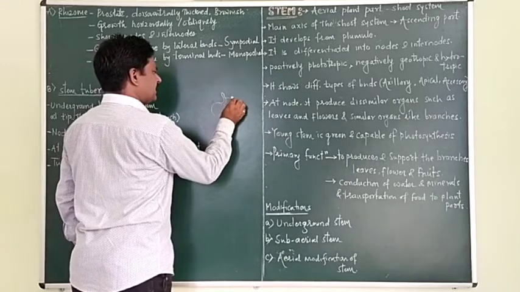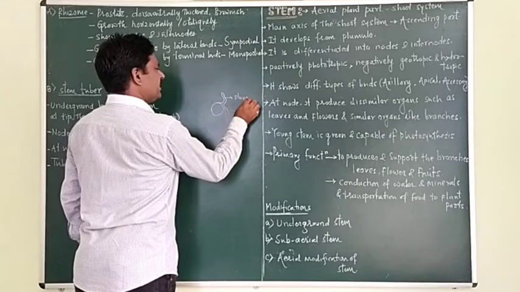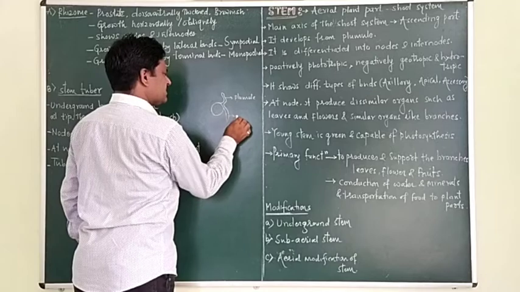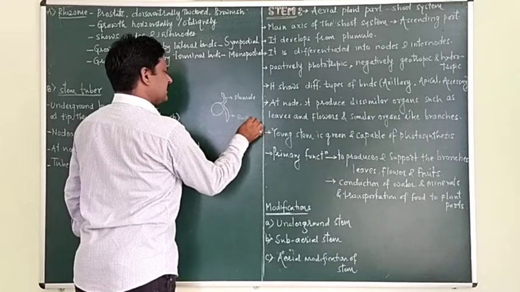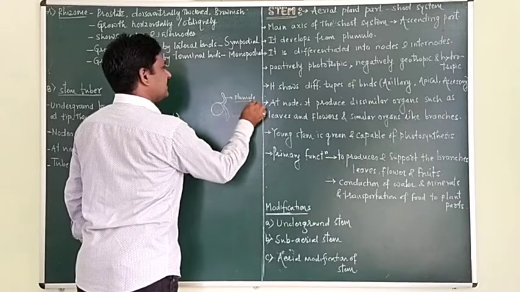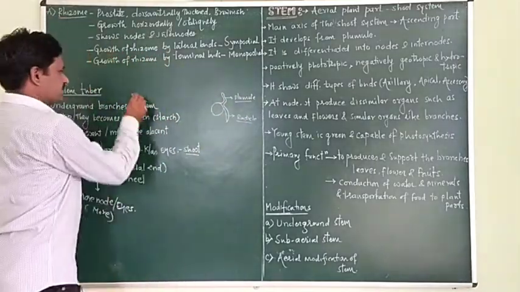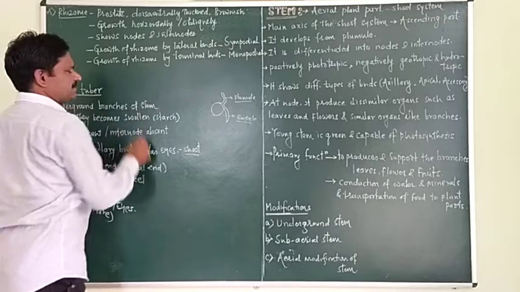The upward part is the plumule, and the part which grows downwards is the radicle.